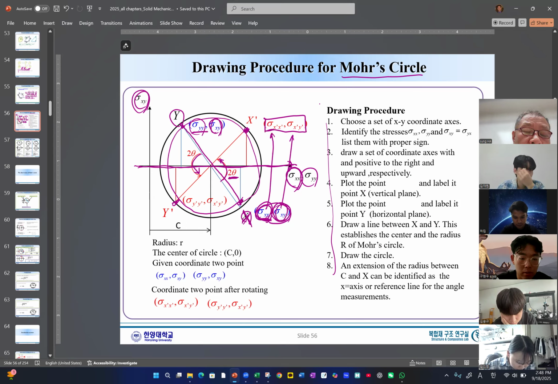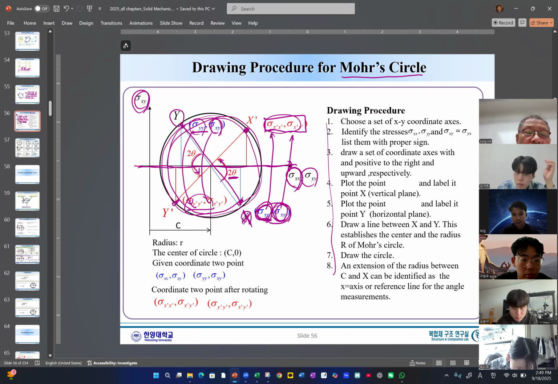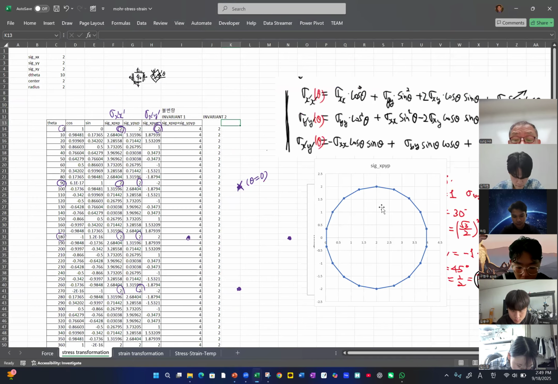No matter how we change the value, all kinds of values stay within this circle. That we confirm from this plot.